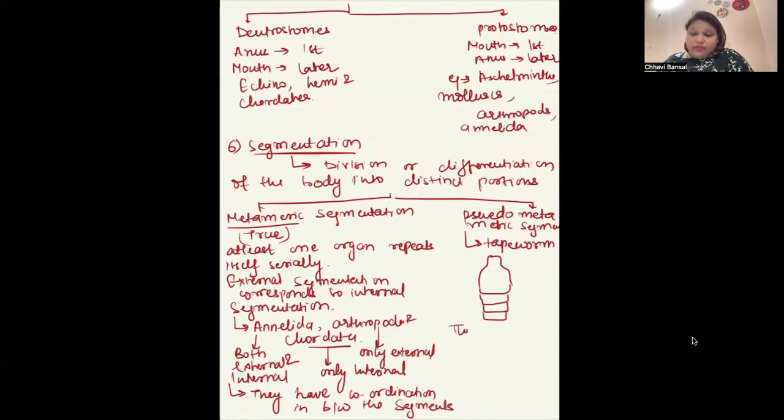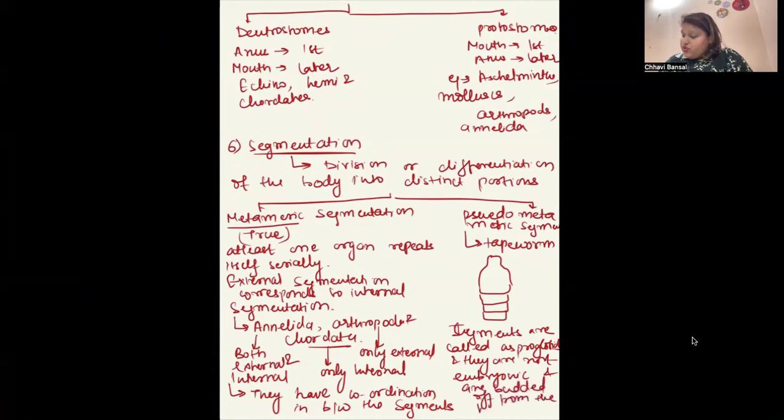This occurs only in tapeworm. The segments are called proglottids. They are not embryonic and are budded off from the neck region.